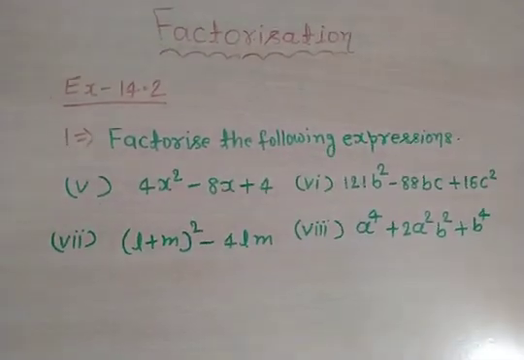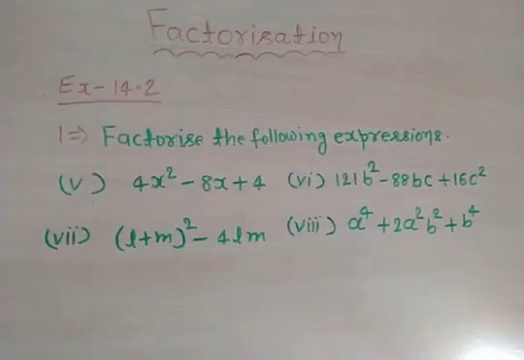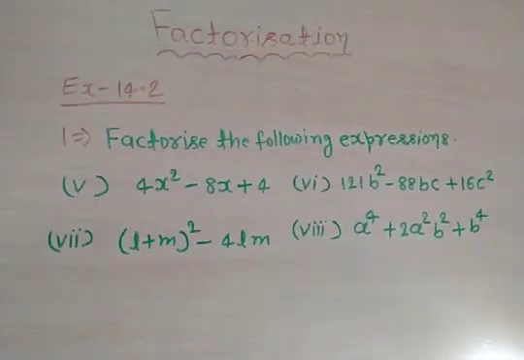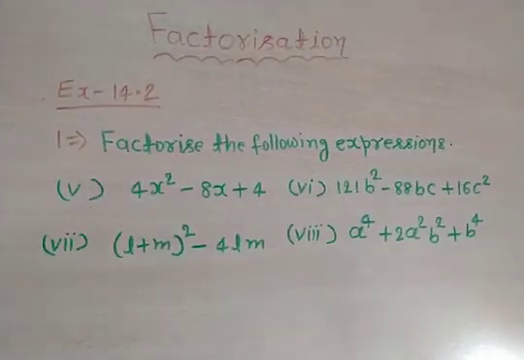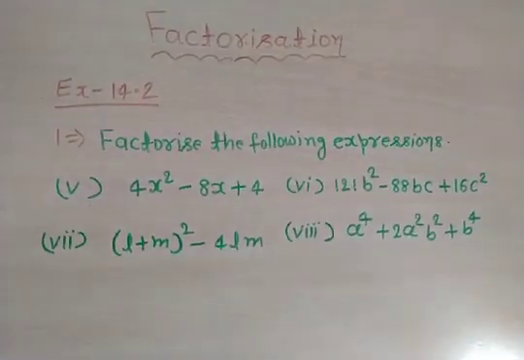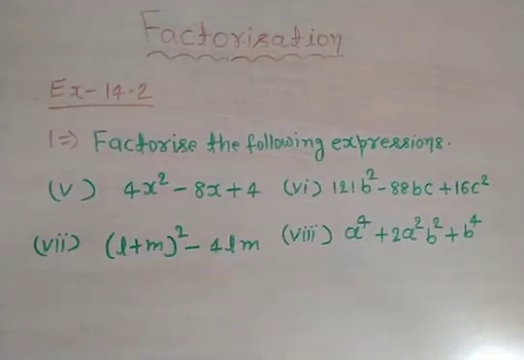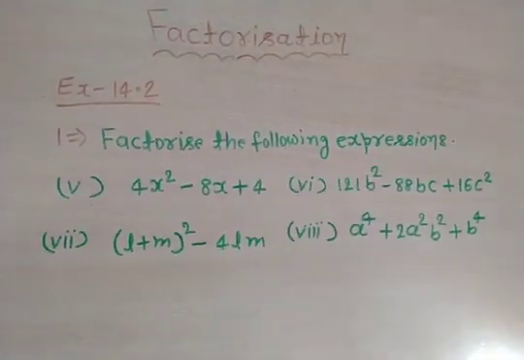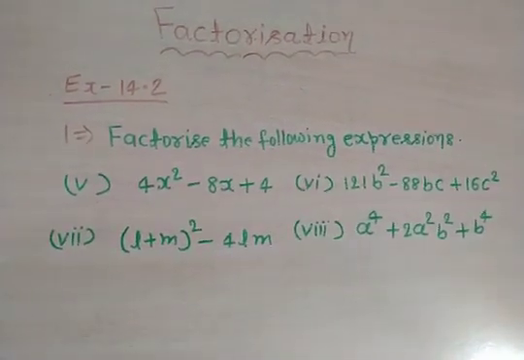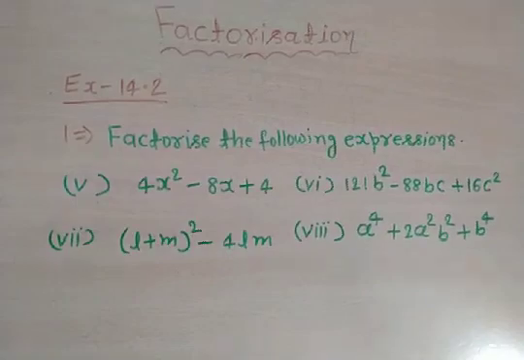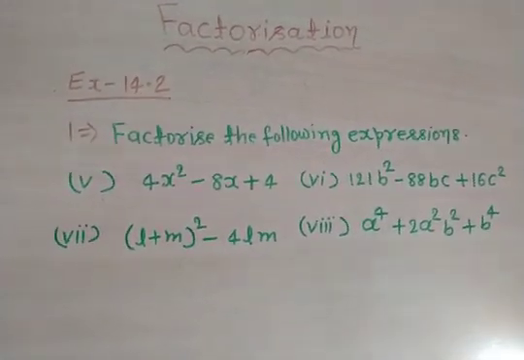This is the first method. In the second method we break the middle term into equal parts. The middle term is 8x, so we break it into 4x and 4x, minus 4x and minus 4x. After this we group and take common factors, and we find the factorization of the algebraic expression. Let's see how to solve it.